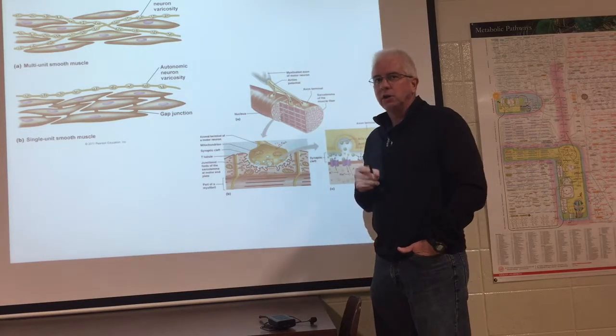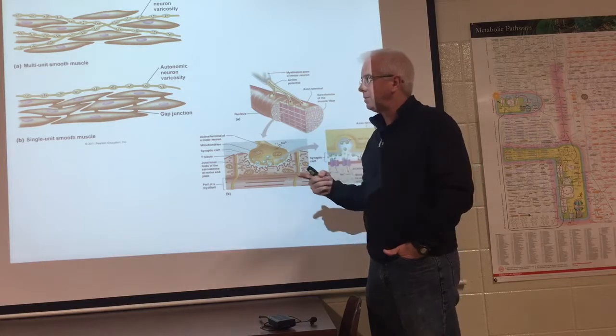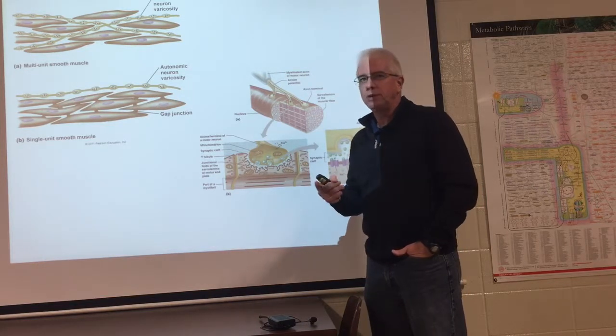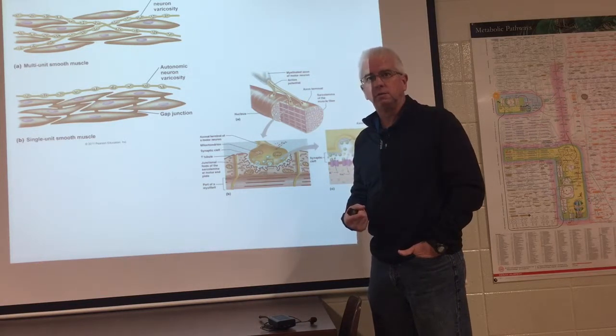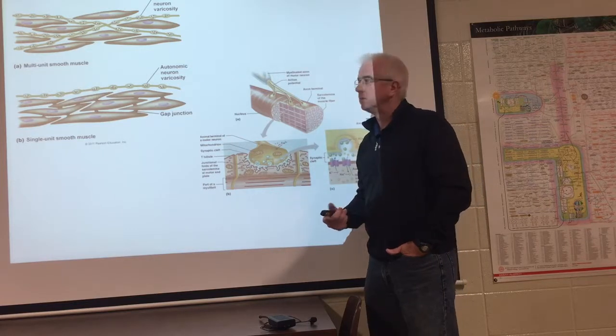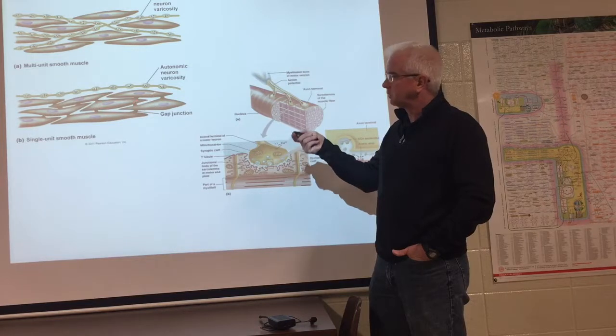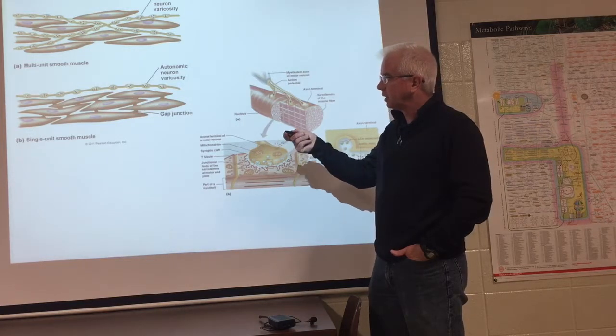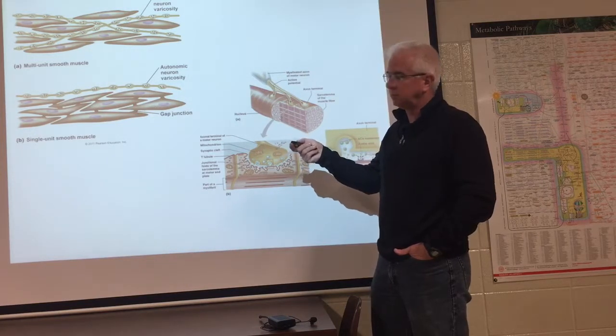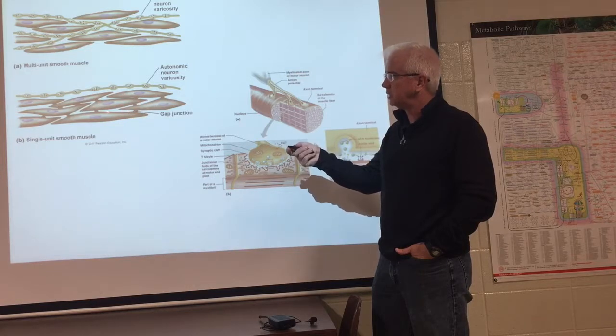Now, in order to understand what we mean in anatomy by varicosity, let me show you the difference in the way skeletal muscle gets its information. So, in both single and multi-unit smooth muscle, you can see the varicosity here associated with the layer of cells.